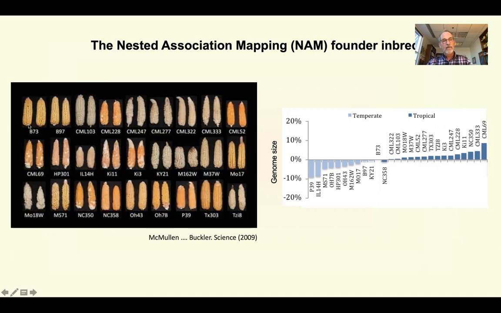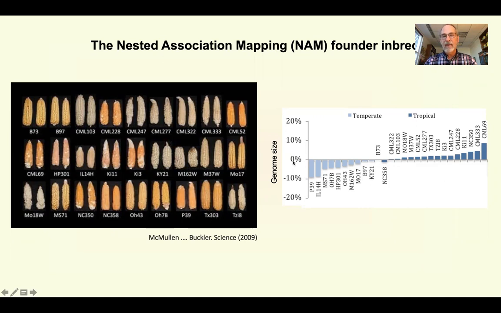The initial idea, which was well executed and heavily used, was to cross the primary reference, B73, with each of these different inbreds to create F2 and RIL populations, which were then used for quantitative mapping experiments. They were chosen to represent the diversity throughout the Americas, including the temperate lines grown in the Corn Belt. It also includes sweet corn and popcorn, and a large collection of tropical lines.